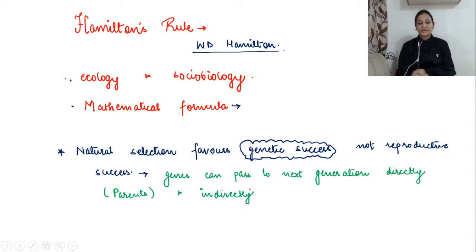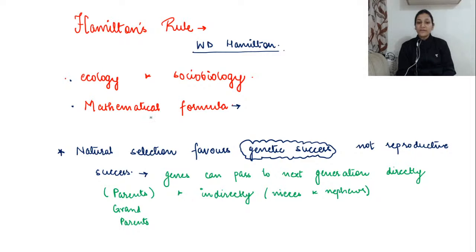When we are saying indirectly, we are talking about nieces and nephews. And parents can also include grandparents. So genes can pass to the next generation directly with the help of parents, or indirectly through nieces and nephews.